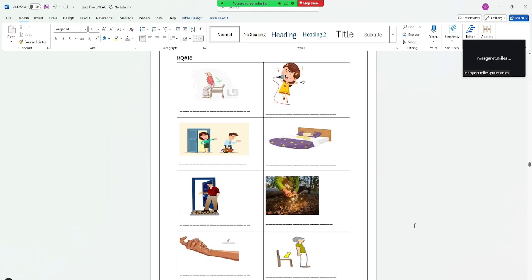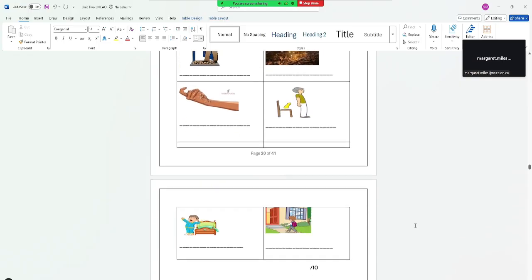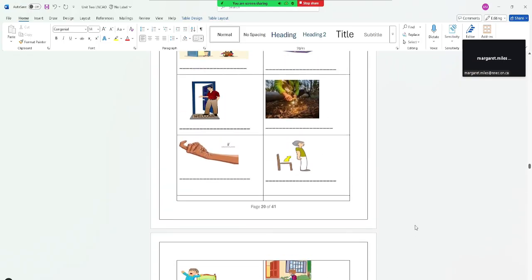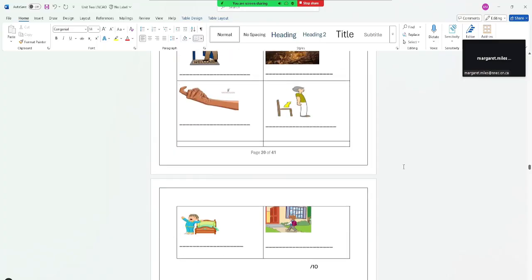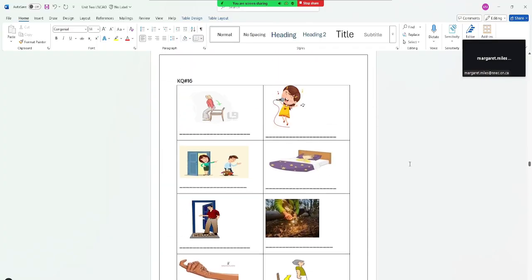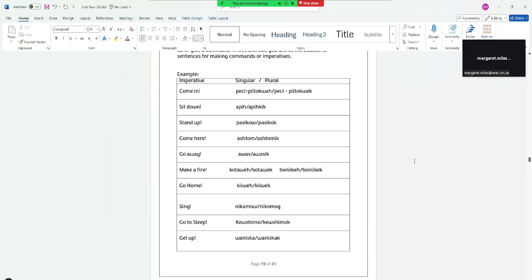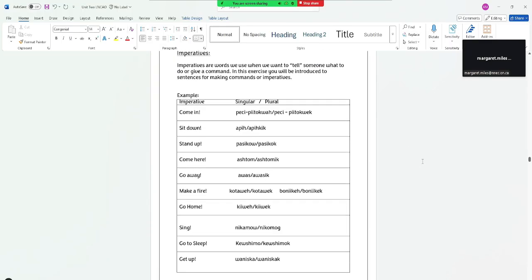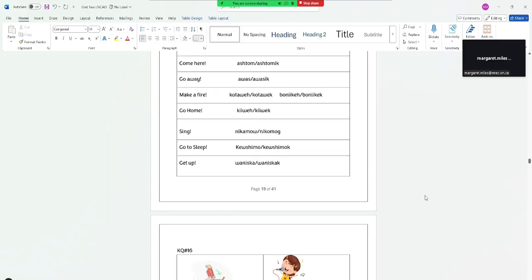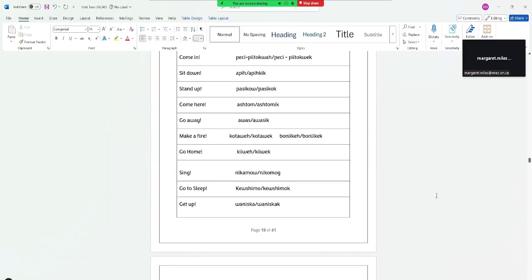Page 20, key question number 16. If we look at the pictures, you write these in Roman writing. Again, these are telling someone what to do or to give a command. So we just said a list of words.